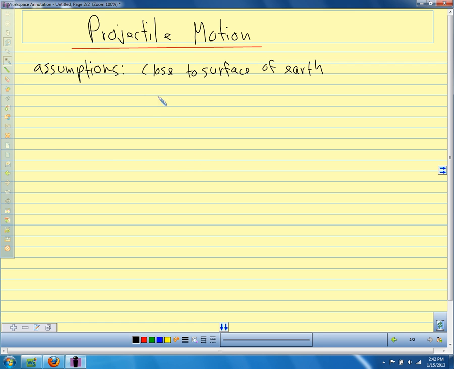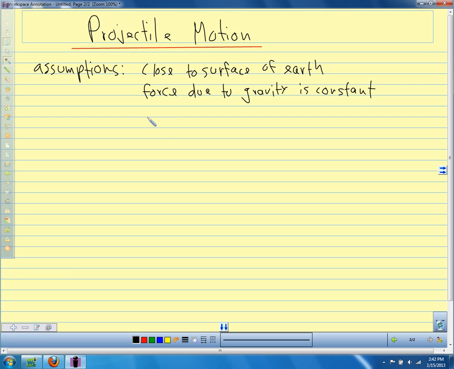Being close to the surface of the Earth also gives us the simplification that the force due to gravity is constant. So our force isn't varying as we move around. We're not going far enough away that our force varies.